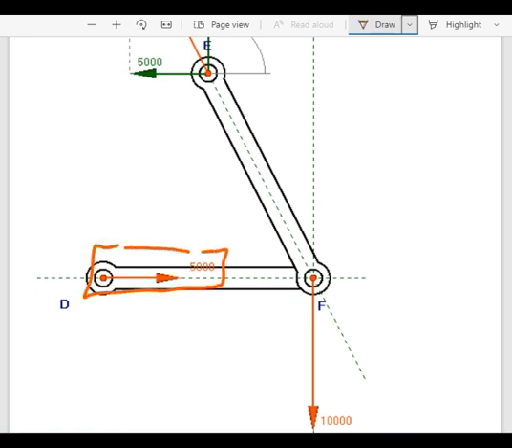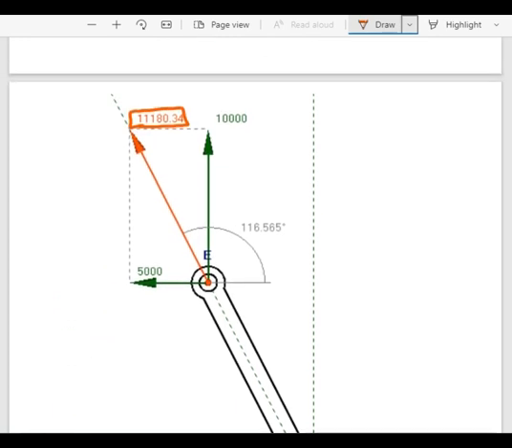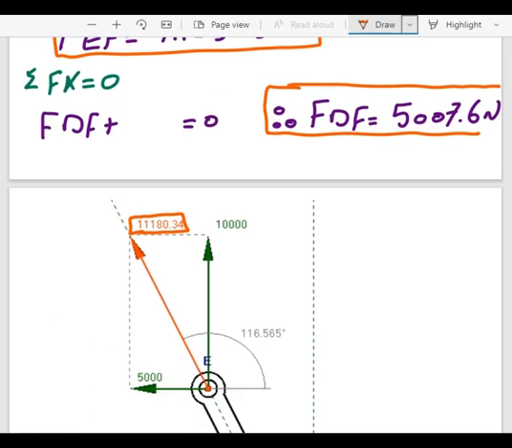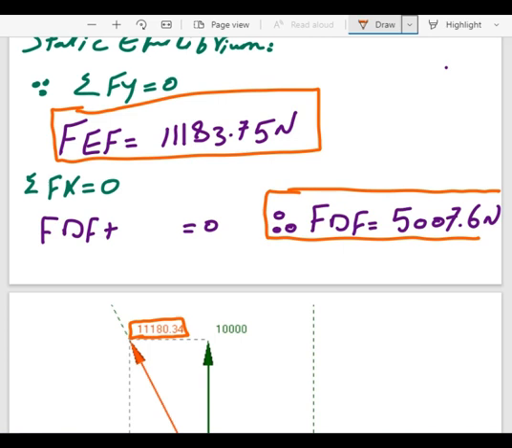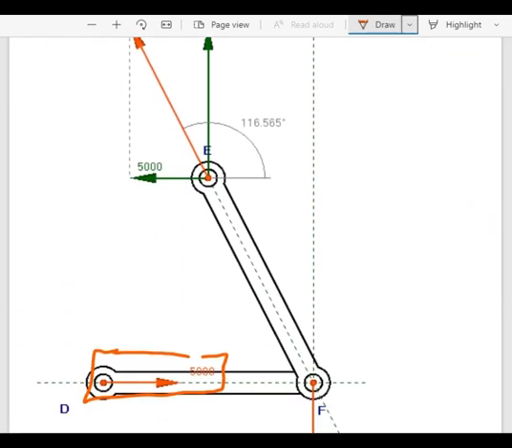This is the resultant force. This is force FDF 5000, and here we calculated it like 5000, and here force FE, which is 1800, and here it is. It automatically calculates it.